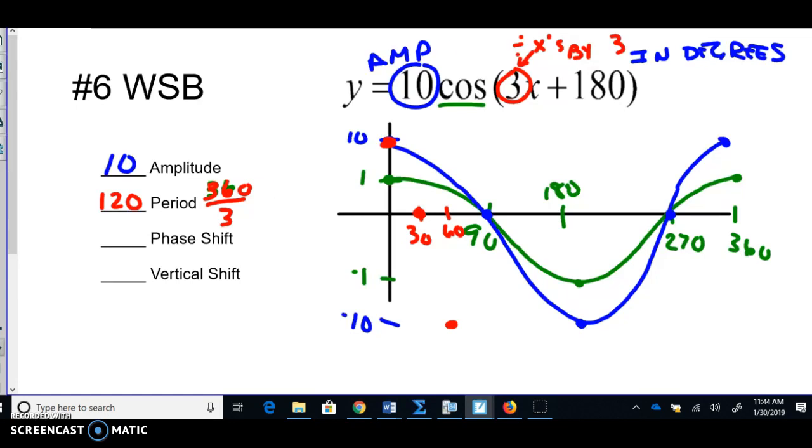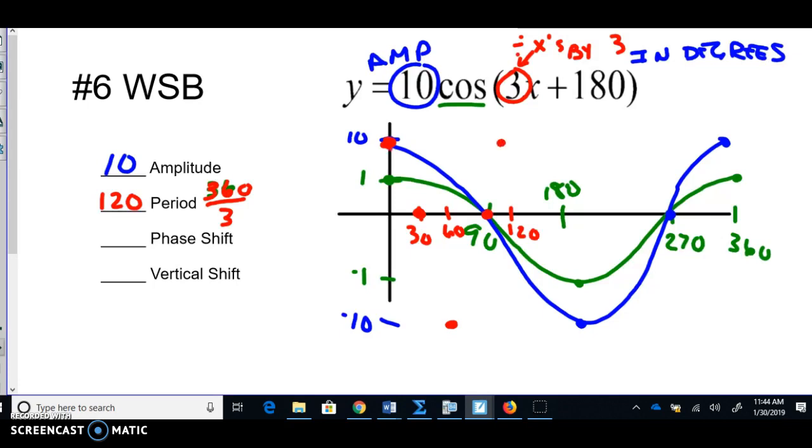Take this x value at 270, divide it by 3, that goes to 90. And this 360 high point, divided by 3, is 120, a high point.